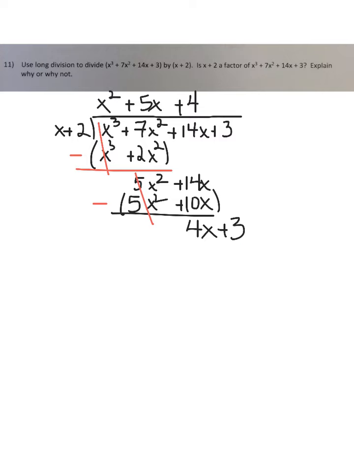All right, so 4 times x is 4x, and then I am going to multiply this 4 times that 2, and that gives me a positive 8. Okay. And remember, I am subtracting. So 4x minus 4x, I know, cancels out.